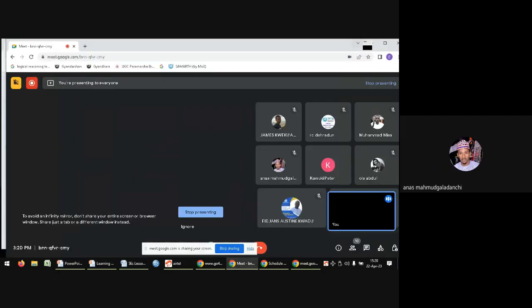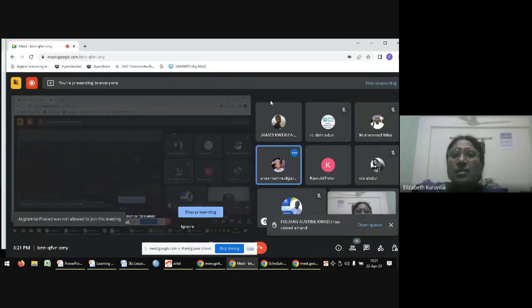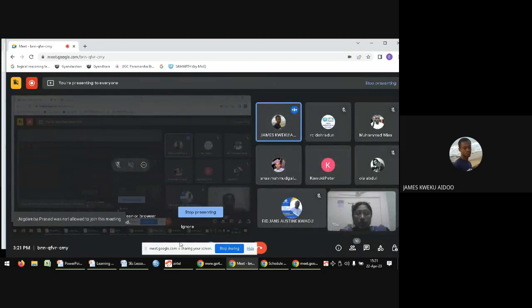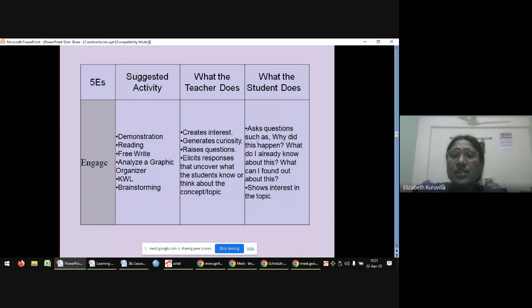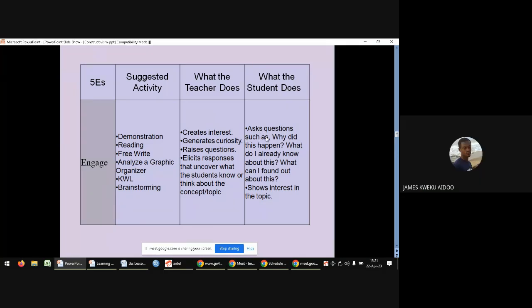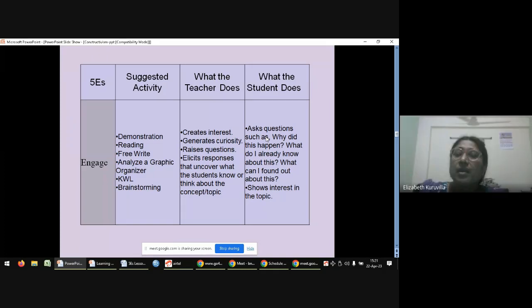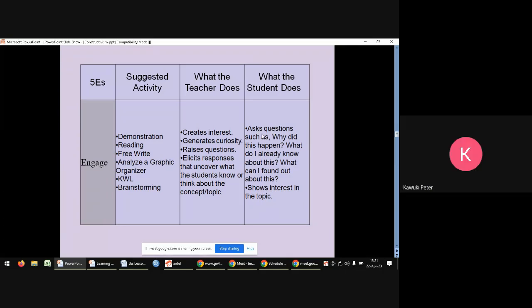I want to read. Madam Kavuki says he's driving, so someone else wants to read. Then Mohammed Elias, can you read this part? Okay. James, can you read this part?